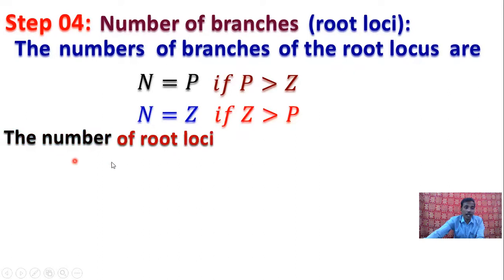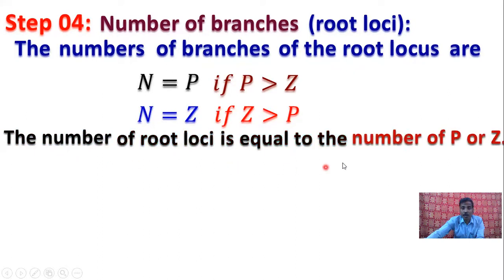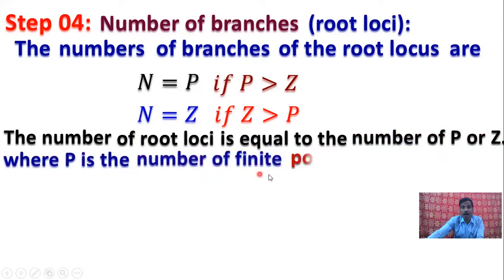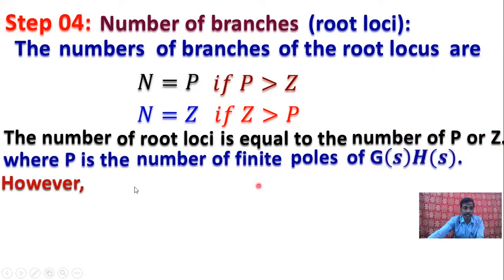the number of root loci is equal to the number of poles or zeros. That means if p is greater than z, then the number of branches equals the number of poles. If z is greater than p, then the number of branches equals the number of zeros, where p is the number of finite poles of G(s)H(s).